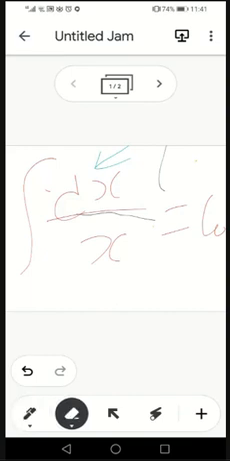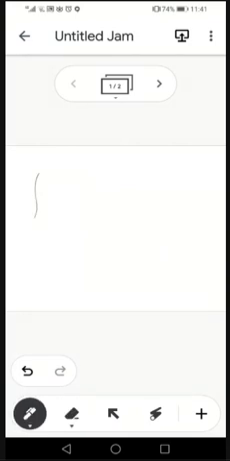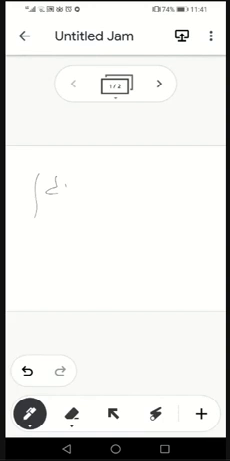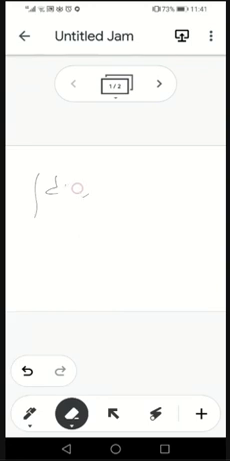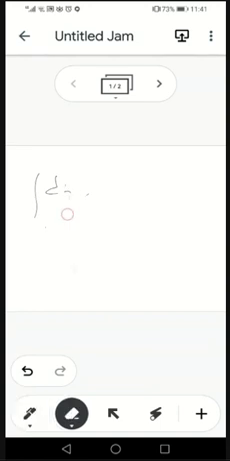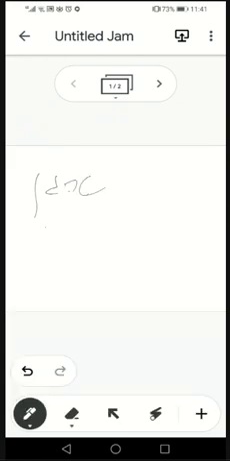Integration dx by x equal to log x. You're writing log x, right?